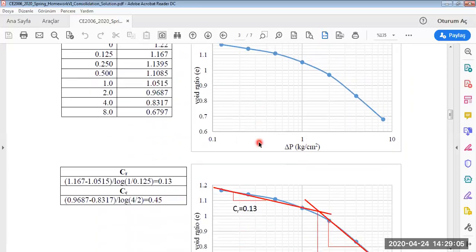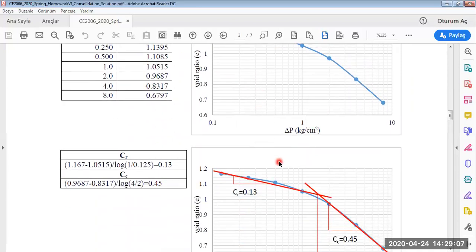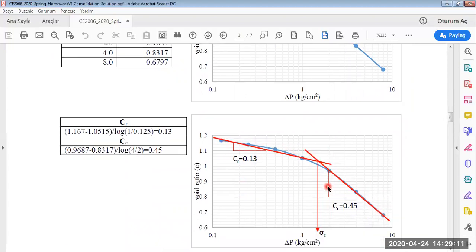Again, we draw two best straight lines from here and from here. As you see, the intersection point is called pre-consolidation pressure. Pre-consolidation pressure is the maximum effective overburden stress that the soil has sustained in the past.